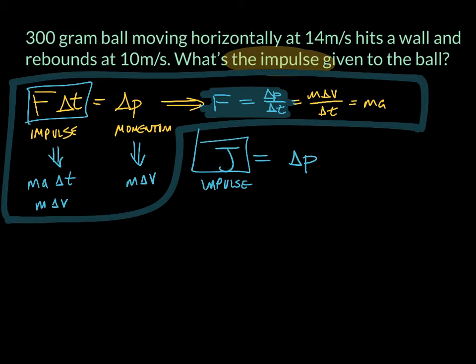Let's be a little bit more careful here. So we're going to have our P final minus P initial. Let's write this down. So the impulse will have a mass that's obviously not changing and its final speed, minus mass times the initial speed.